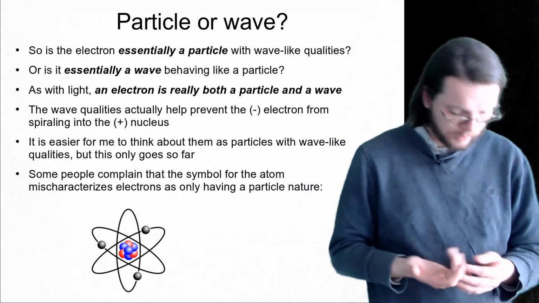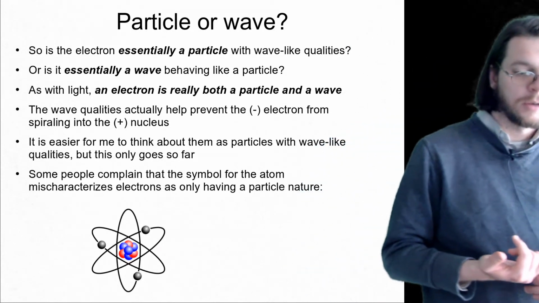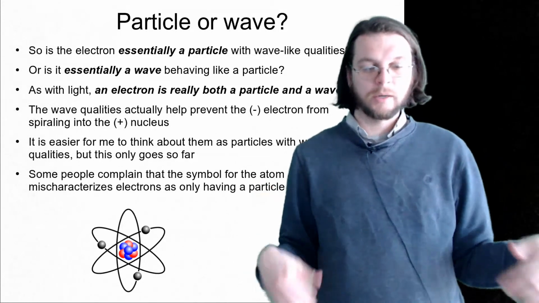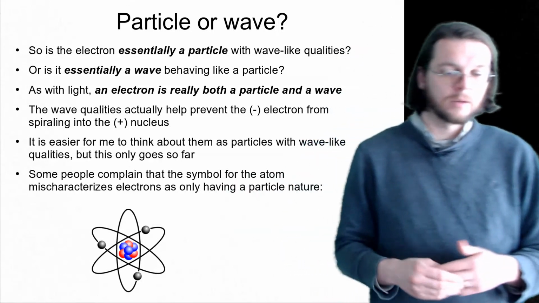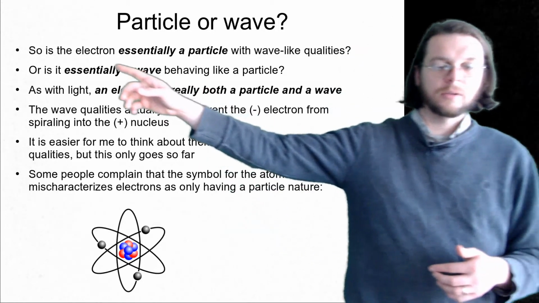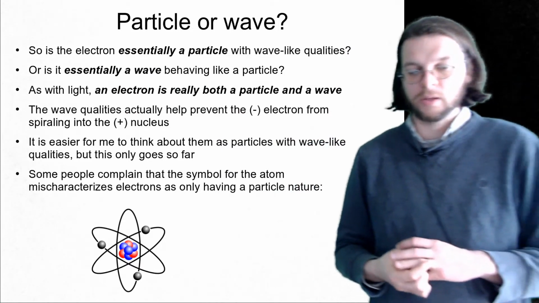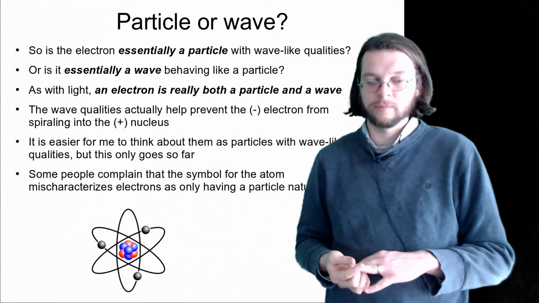So we can ask the same question about electrons that we did with light just a moment ago. With light, I was saying, well, is light a wave that is pretending to be a particle? Is it a particle that's pretending to be a wave? Ask the same question with electrons. Is an electron a particle that has some sort of wave-like qualities, or is it essentially a wave that is somehow behaving like a particle?